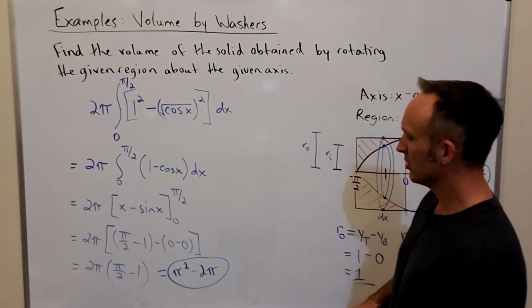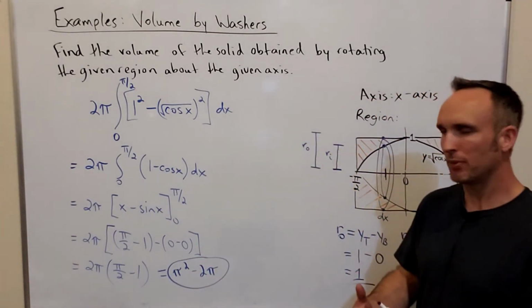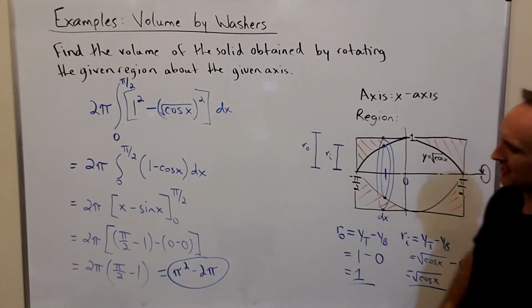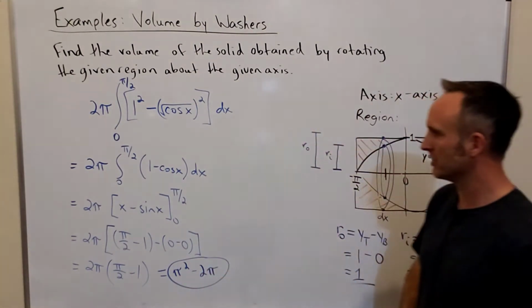And in the end, we get this volume, all in terms of pi. The volume of this solid, once it's rotated around the x-axis, ends up being pi squared minus 2 pi.